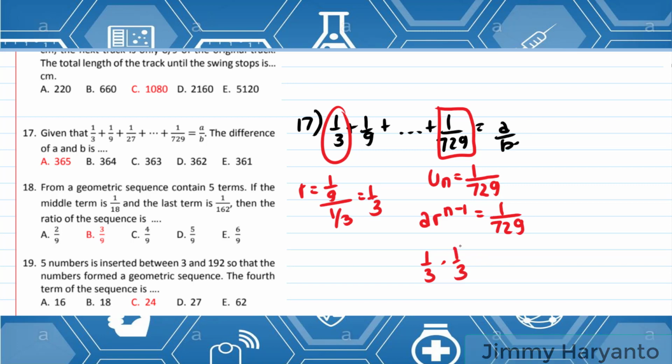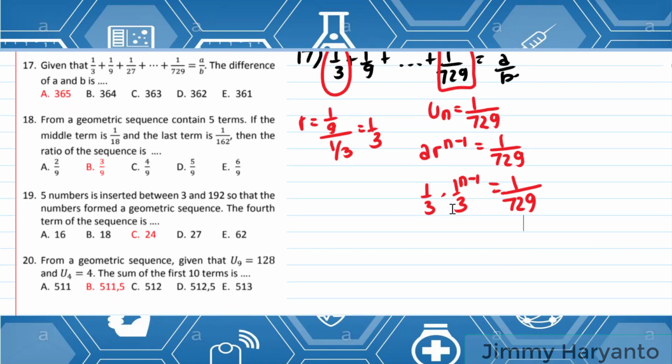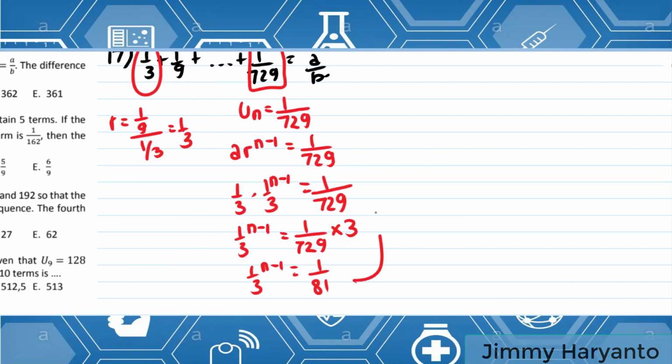So the ratio is 1/3 to the power of n minus 1 equals 1/729. We can move the 1/3 to the right side, it will be divided by 1 over 3. Divide by 1 over 3 means times 3. So I will get 1 over 81. 1 over 3 to the power of n minus 1 equals 1 over 81. 81 means 3 to the power of 4, right?